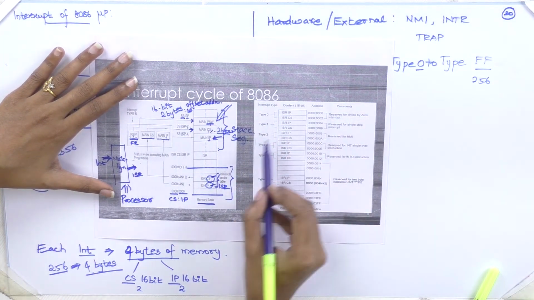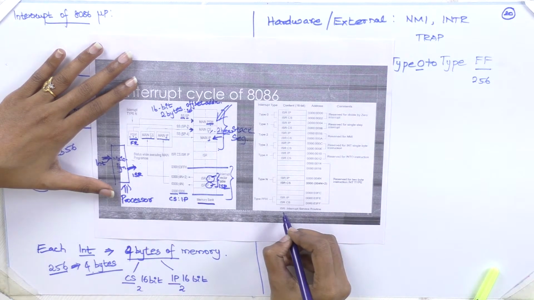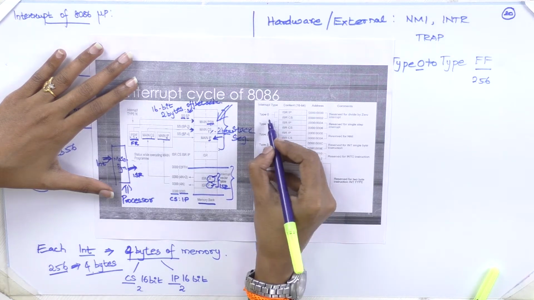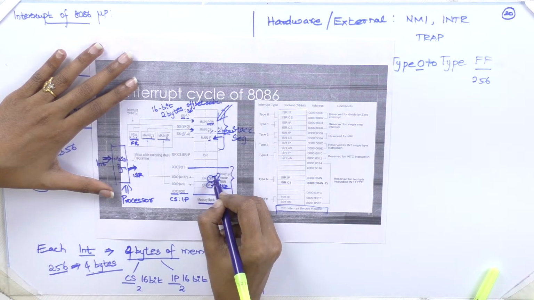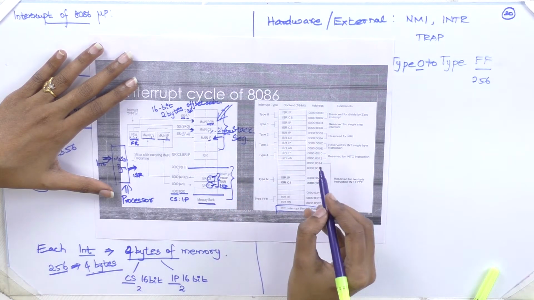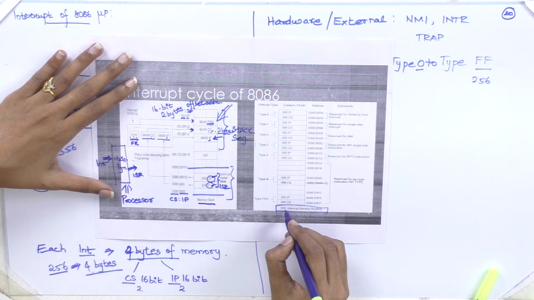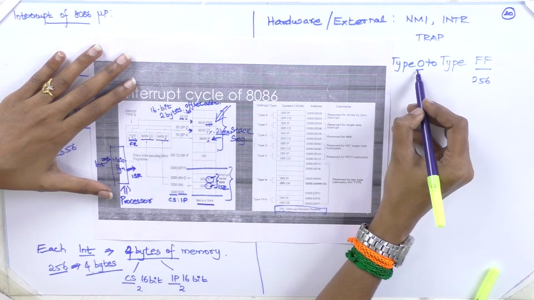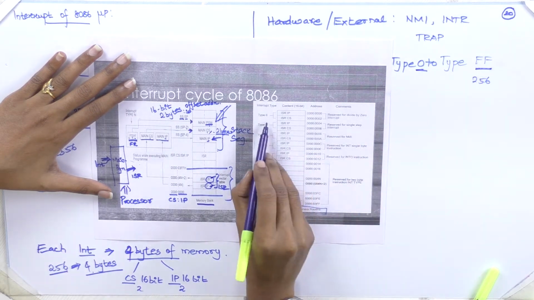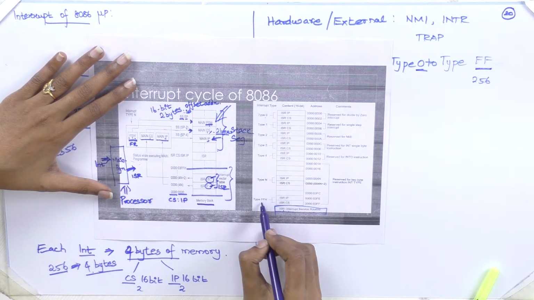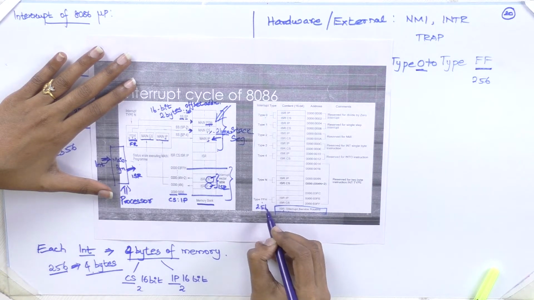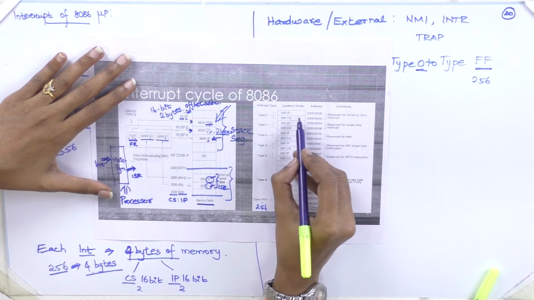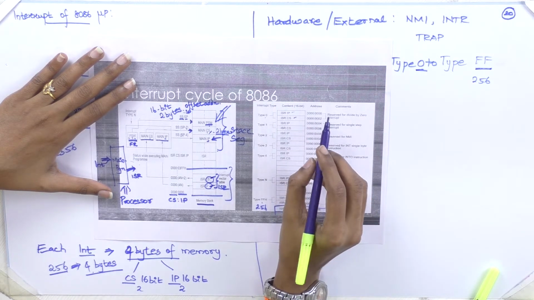Fine. So as you have seen already, this is the interrupt vector table, where each and every interrupt has its code segment value and IP value stored in memory, called the interrupt vector table. Since we have type 0 to type FF, 256 interrupts, each interrupt occupies a memory of 4 bytes: 2 bytes for IP and 2 bytes for CS.